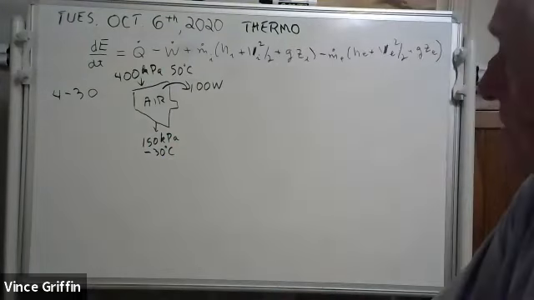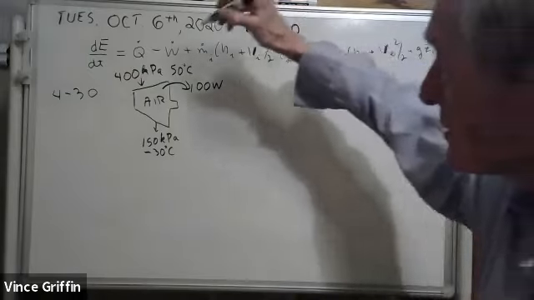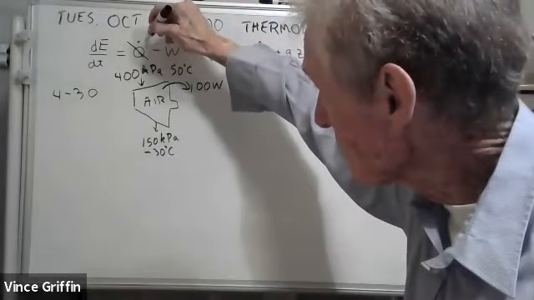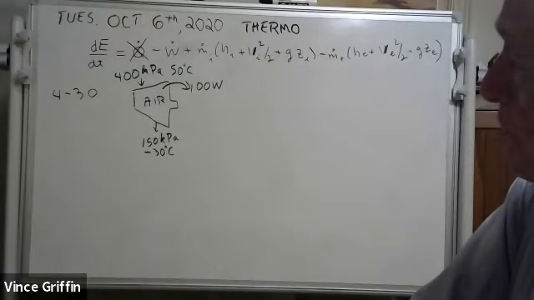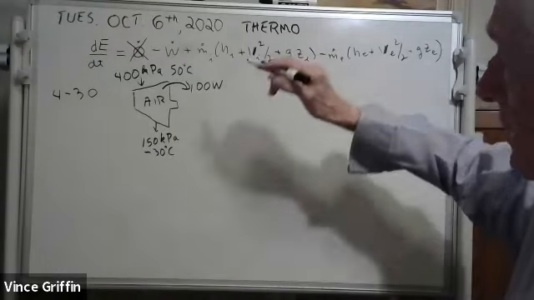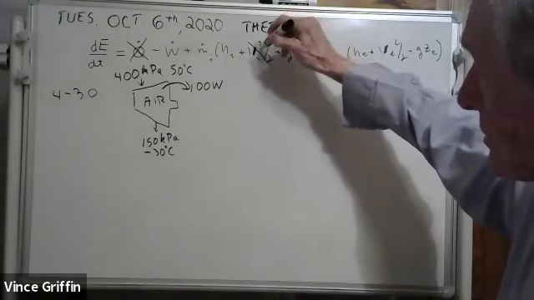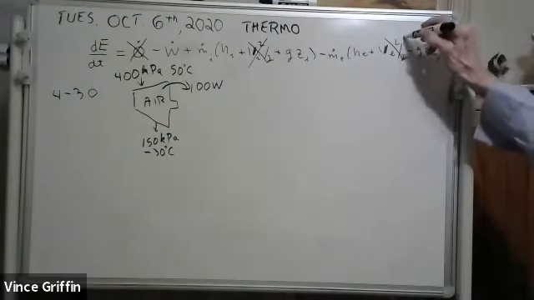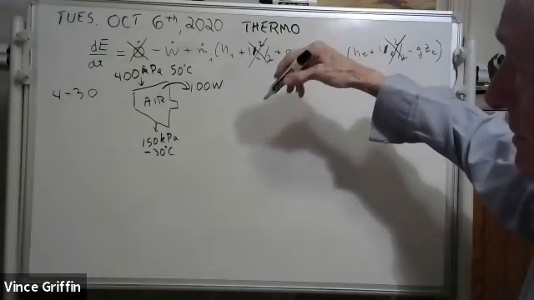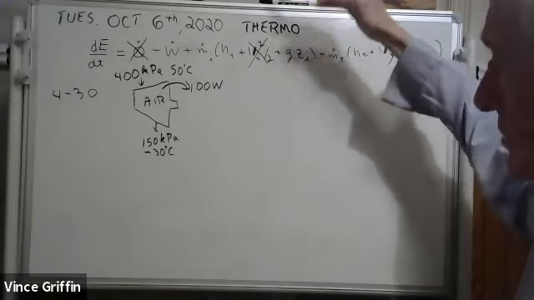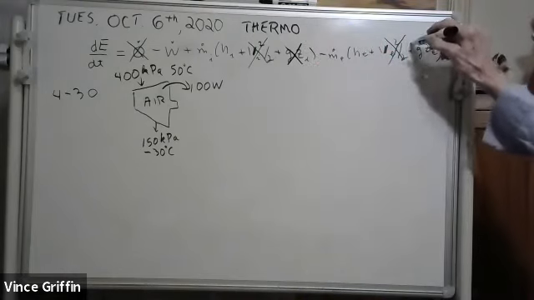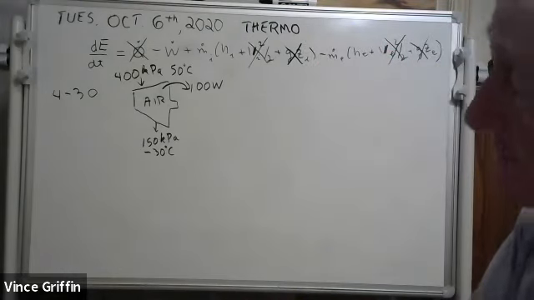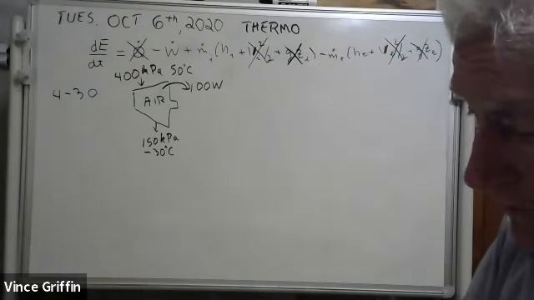You know what that means? That means we don't need to worry about the heat transfer. It's adiabatic, so there's no heat transfer. And the velocities are low, so you don't need to worry about them. This drill isn't going up or down, so you don't need to worry about the elevation of it.